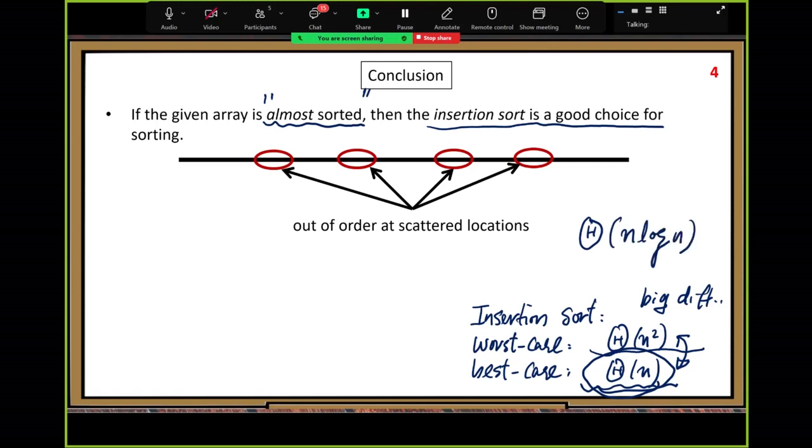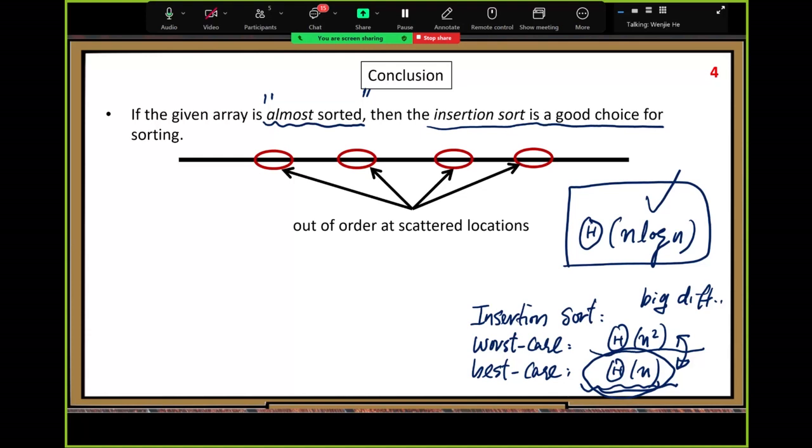Only insertion sort can give you big theta of n in the almost sorted situation. Even quick sort gets big theta of n log n, much slower than insertion sort.